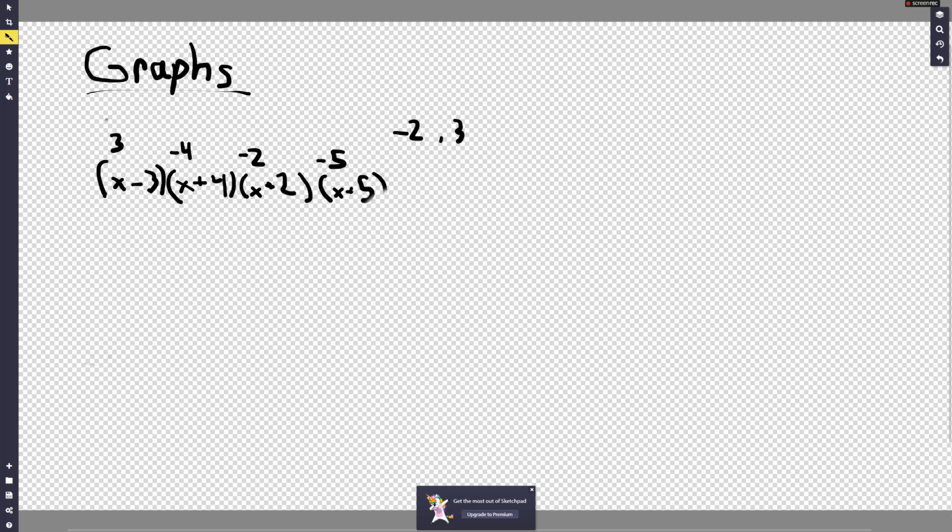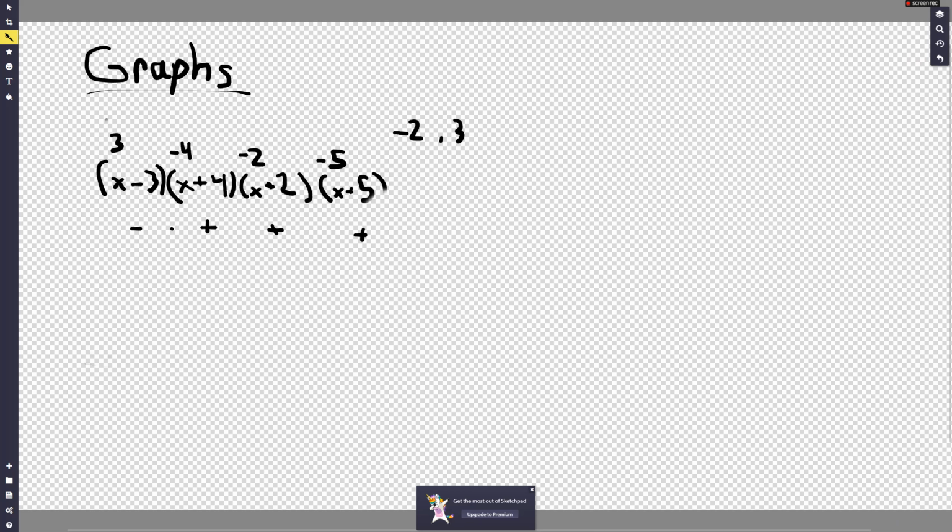If we were to plug 0 into x minus 3, we would just get negative 3. So an easy way to do this is to keep track of the negative and positive signs and not the actual numbers, especially when you have 0. So for the first factor it's going to be a negative sign, for the second a positive sign, for the third positive, and the fourth positive.